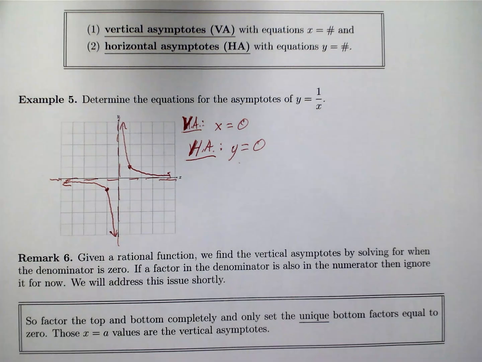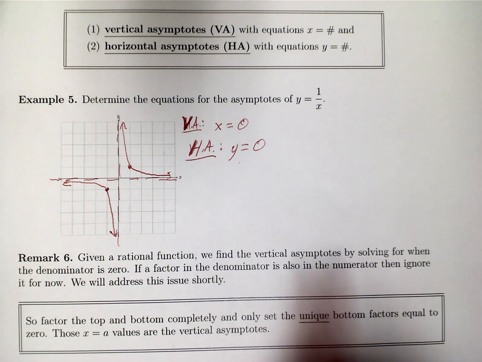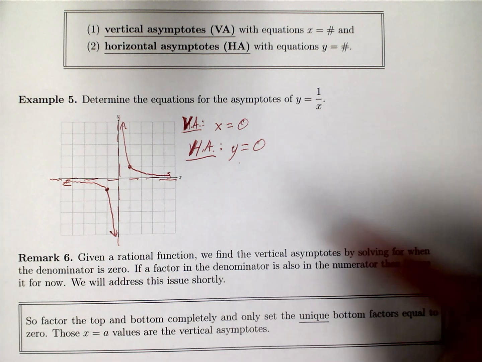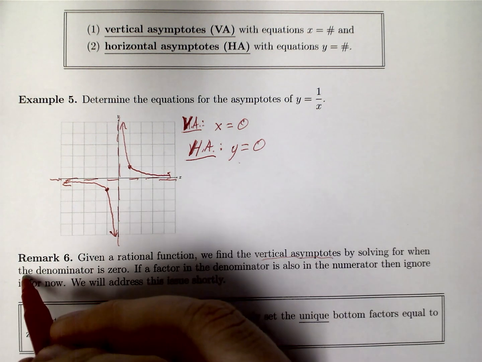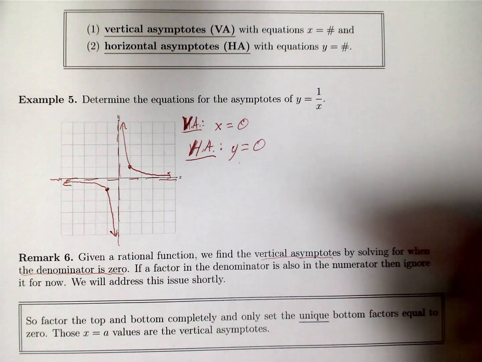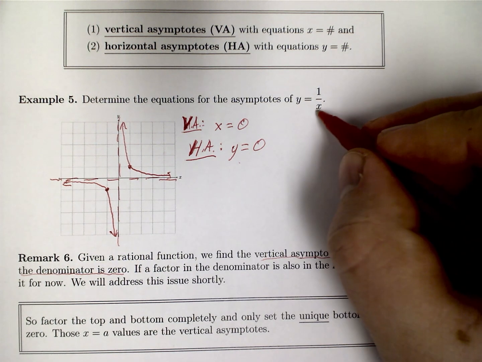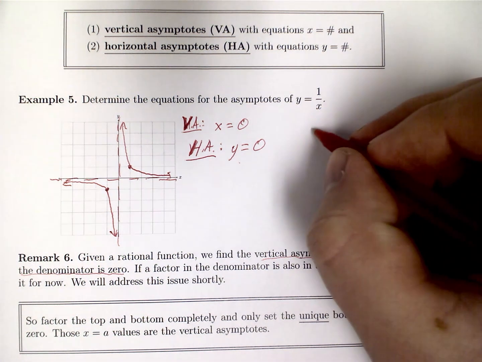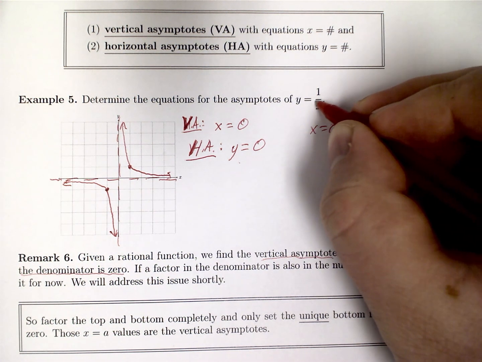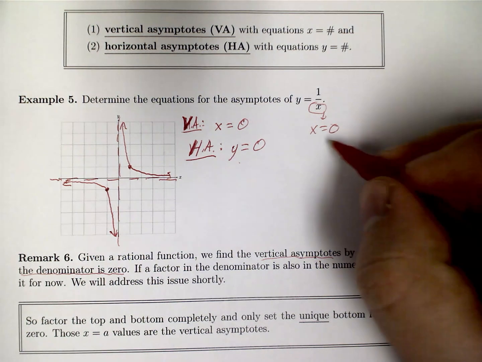So if you're given a rational function, we can find vertical asymptotes simply by solving for when the denominator equals 0. This is a generic way, and there are a couple of caveats here. If we set the denominator, what's the denominator? It's x. So if you set x equal to 0, well, it's already solved.